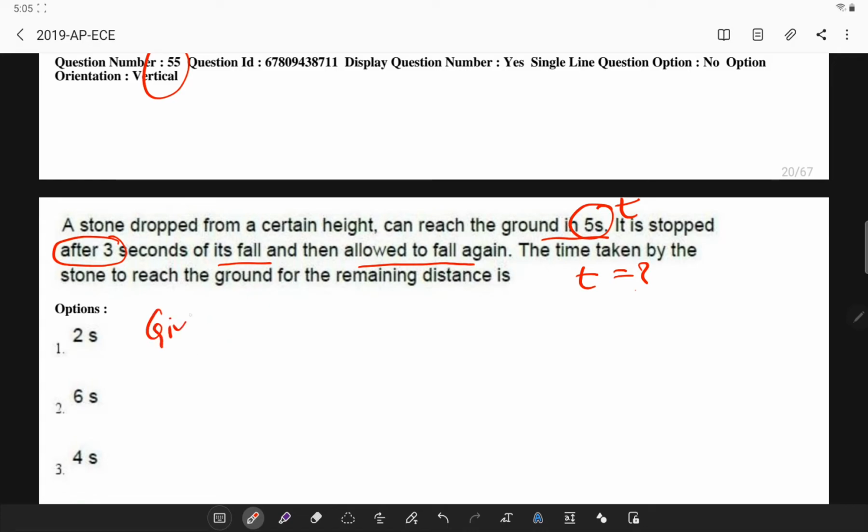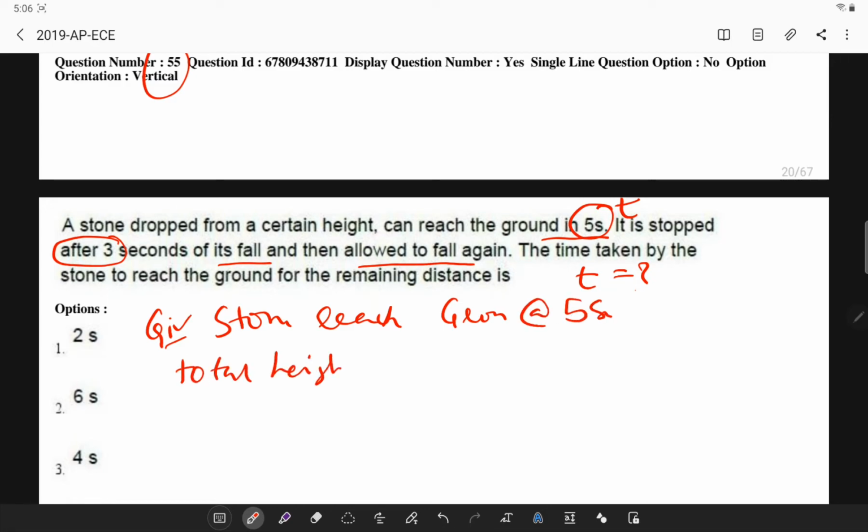Initially it is given the stone can reach the ground at 5 seconds. So we can calculate the total height here, which is h, or s, is equal to ut plus half at square. As it is a free falling body, u is equal to 0.